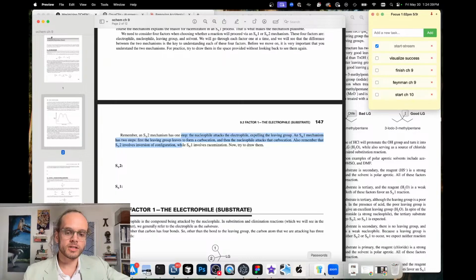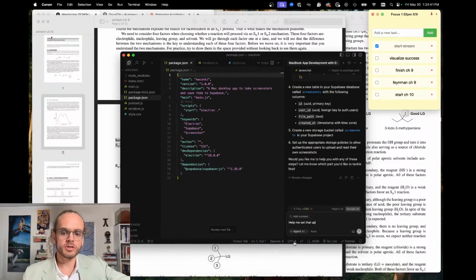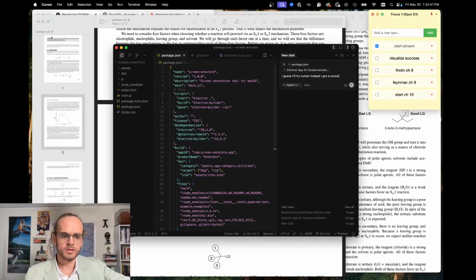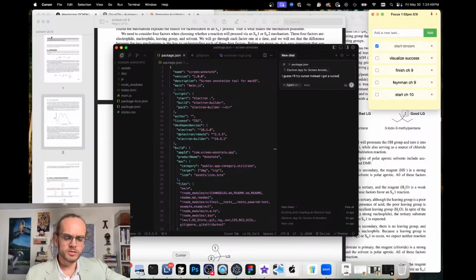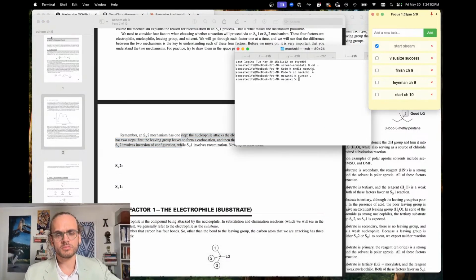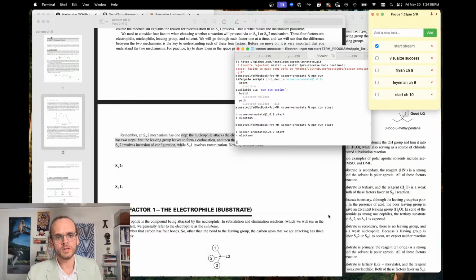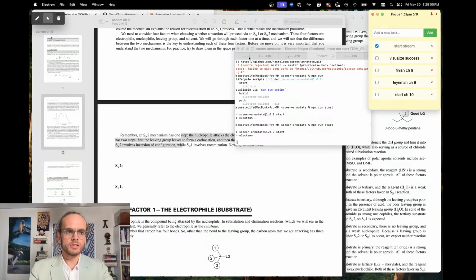Let's see if I can draw this quickly. I need to just open cursor briefly. I don't want Mac Anki. I want this. Actually, I can go to terminal for this. Hide cursor, go to terminal, go here. All right.